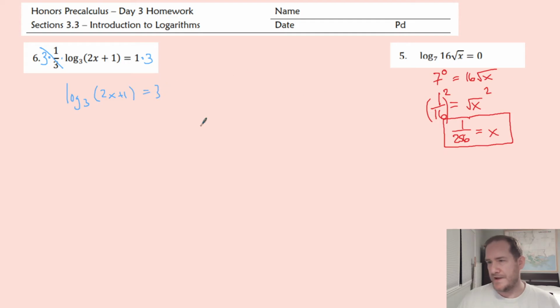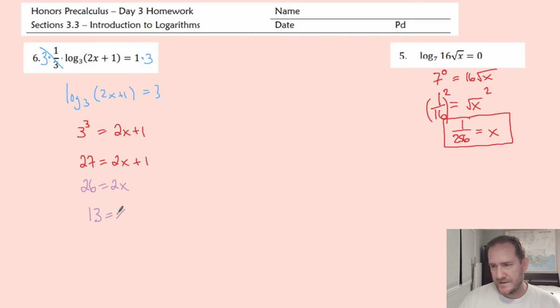Now you'll convert to exponential, so you'll say 3 to the 3rd equals 2x plus 1. Which means 27 equals 2x plus 1. And you're now just looking at an algebra 1 problem. So just subtract 1. You get yourself a 26. That equals 2x. Divide by 2. You got yourself a 13. That equals x.